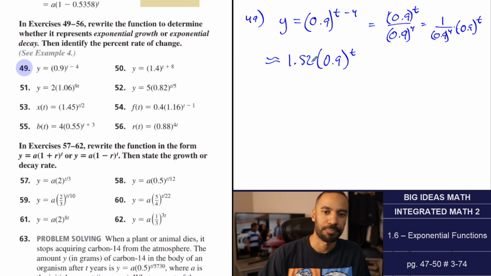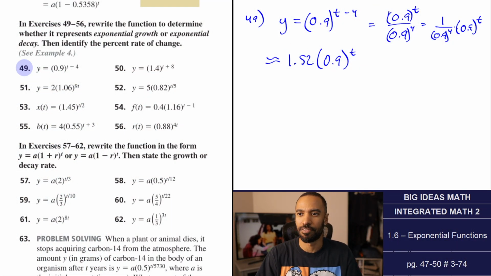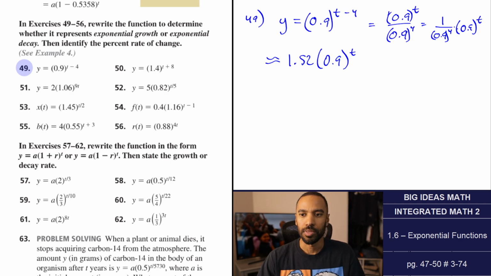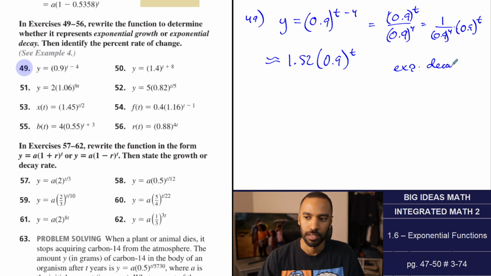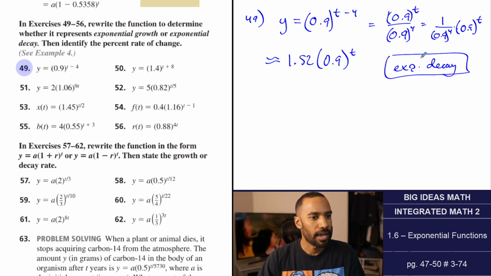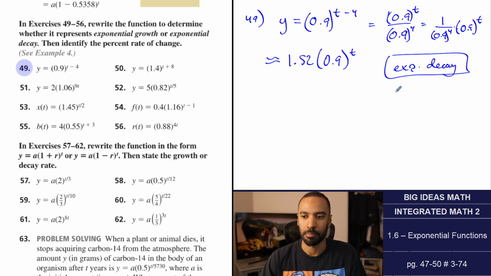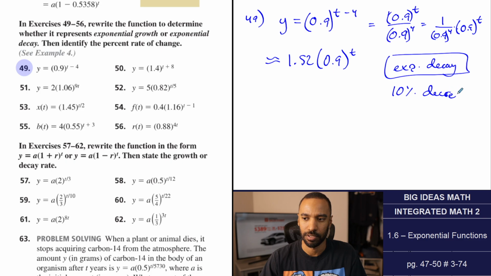So here's the ish version of that exponential model, but the b is still 0.9. So this is still exponential decay, and the percent rate of change is a 10% decrease, because that's 90%, which is 10% off.